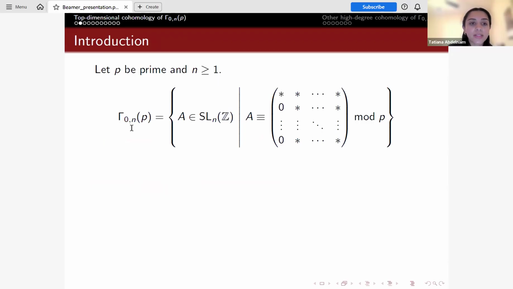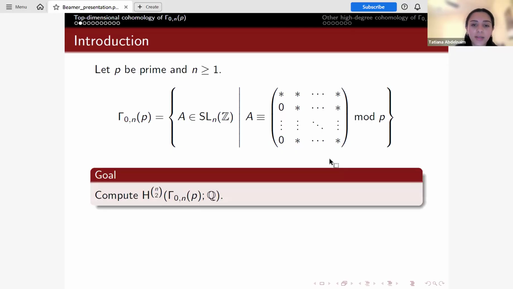This subgroup, Gamma_0^n(p), is a subgroup of SL_n(Z), whose elements have the following form mod p. The special thing about this group is that just the first column is a multiple of e_1. So this first entry doesn't have to be 1. It can be any non-zero element as long as the determinant is still equal to 1.